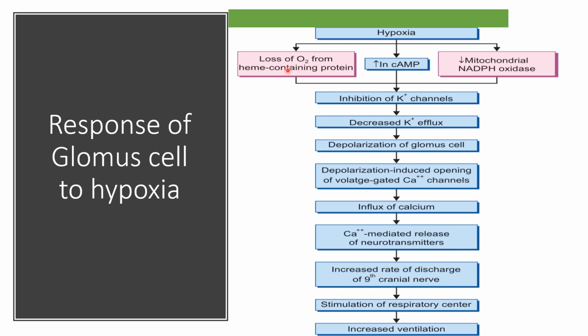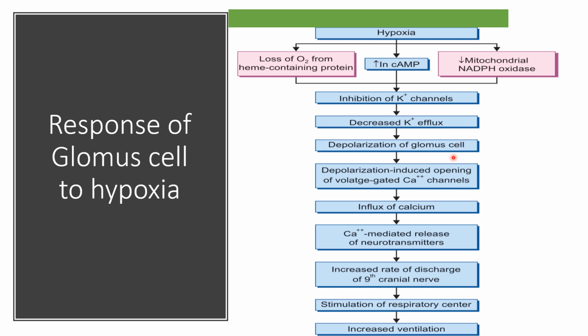These all three cause inhibition of the potassium channel, because the increase in cyclic AMP causes inhibition of the potassium channel. Because of the inhibition of the potassium channel, potassium cannot go out of the glomus cell to the extracellular fluid. So decreased potassium efflux causes depolarization of the glomus cells because of the increased concentration of potassium.